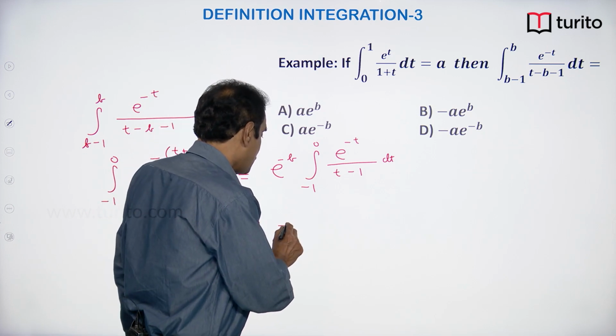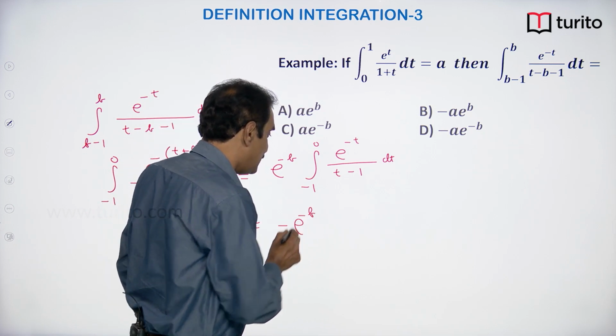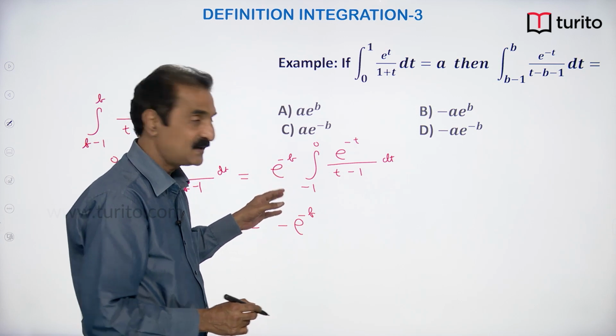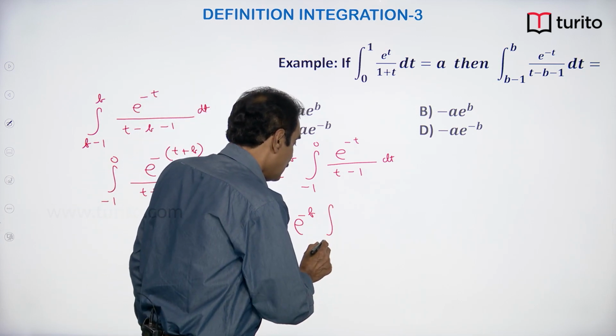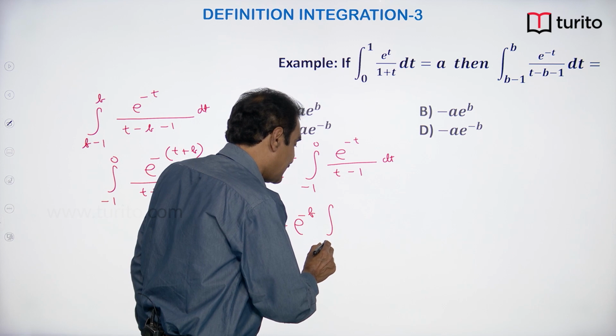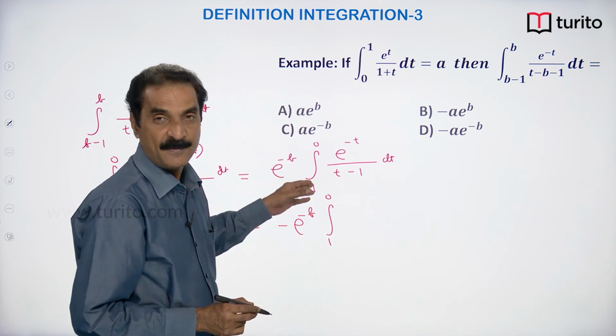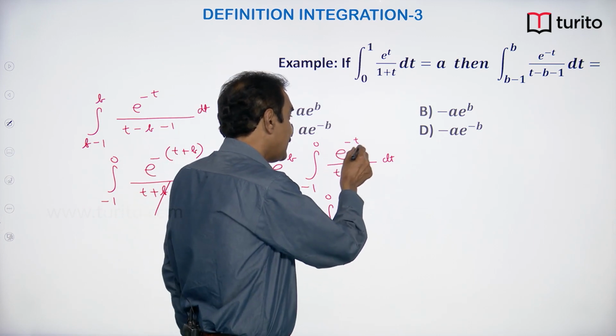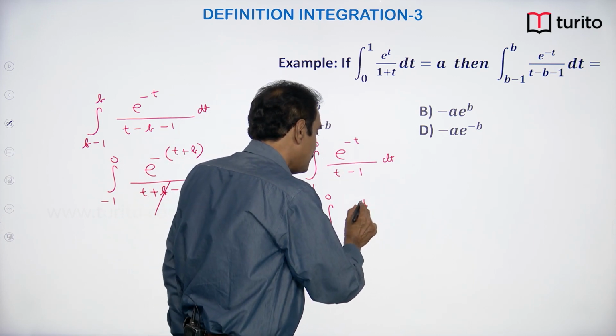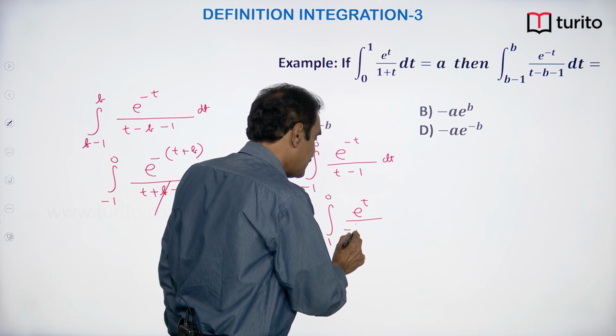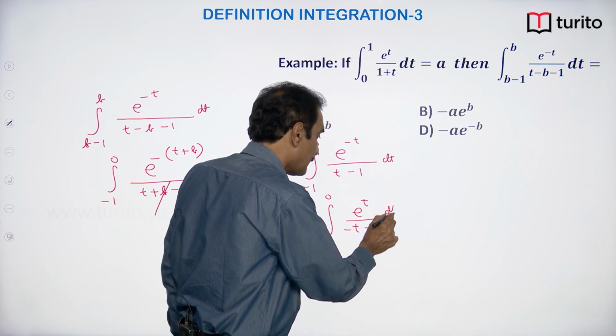Then what you will get: minus e power minus b integral, because you are dividing by minus 1, you have to multiply the limits by minus 1. So you will get 1 to 0. If you divide t by minus 1, it becomes e power t. This becomes minus t minus 1.